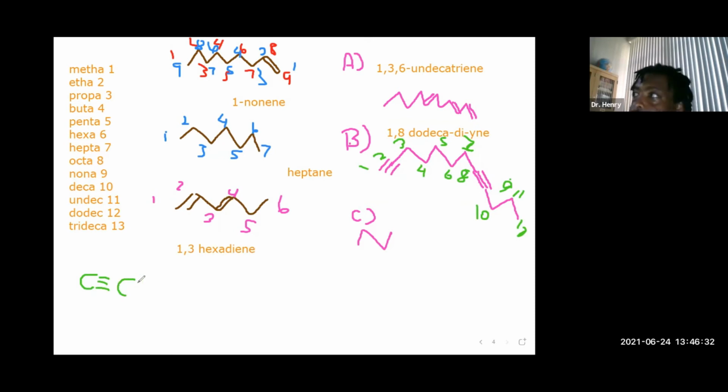Then a single bond to another carbon, that's 3. Then a single bond to another carbon, that's 4. Then 5, then 6, then 7, then 8. And then there's a triple bond to 9. Yeah, that's right. Oops.